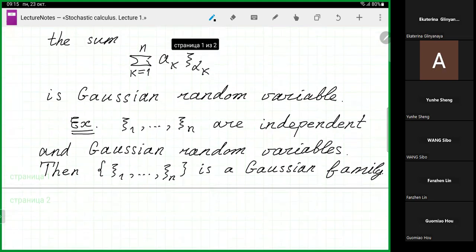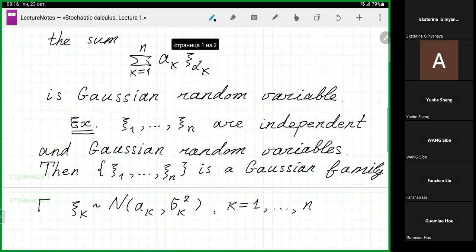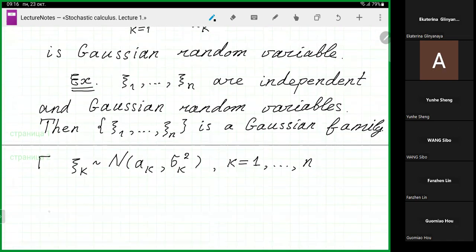Let us check this. Suppose that psi k has a normal distribution. We use the notation which was already introduced, with mean a k and variance sigma k squared, k equal 1 to n. Then what we have to do?